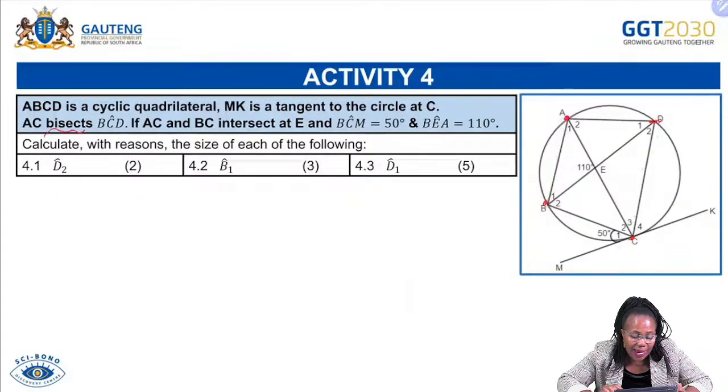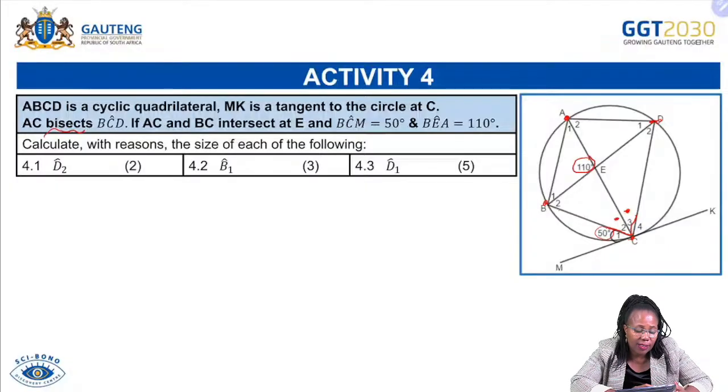That means angle BCD, this angle here, is bisected. That means this angle is exactly equal to that one. AC and BC intersect at E, and BCM is 50, 50 indicated, and BEA is 110 indicated.